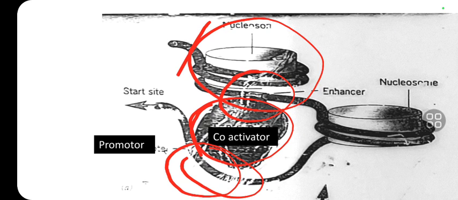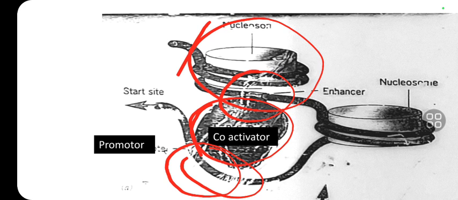Through this chromatin model, even though the enhancer is 1000 or 10,000 nucleotides away from the promoter, it can come very close, and then it enhances the transcription process.